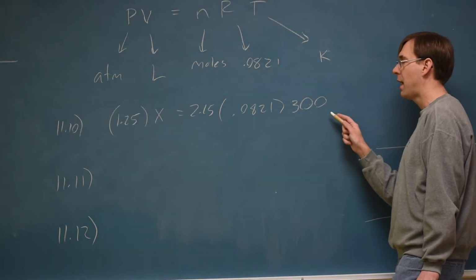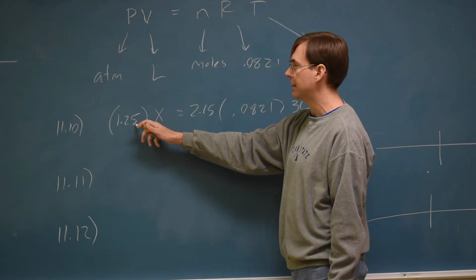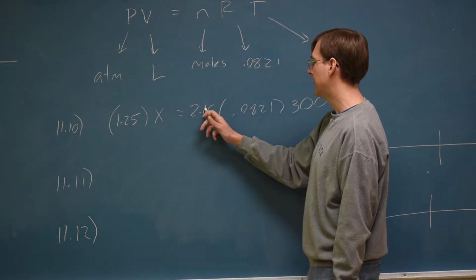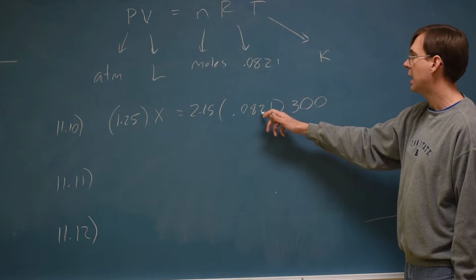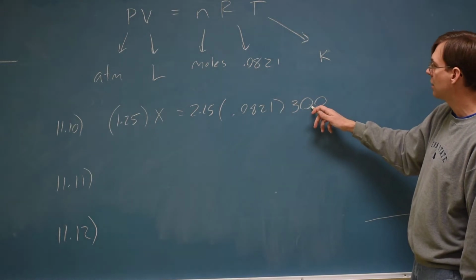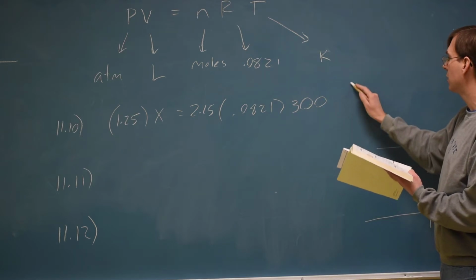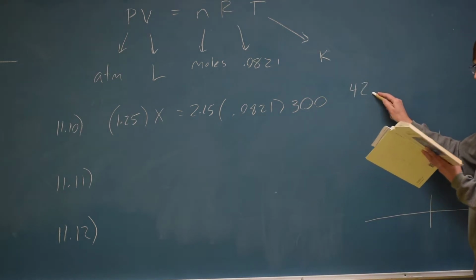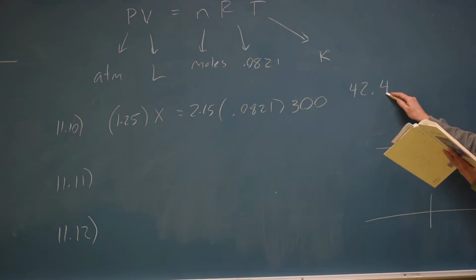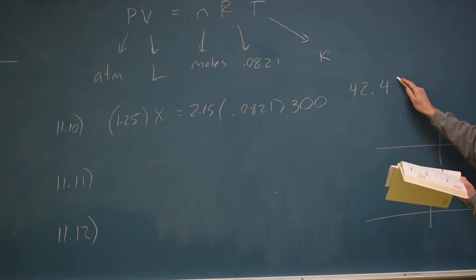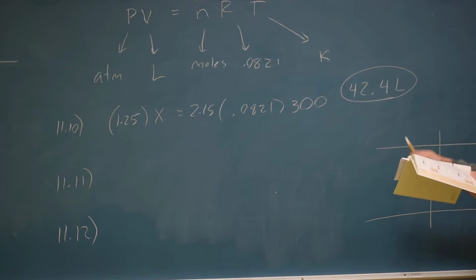And then the divide by button once to get this divided. Algebra 1, doing the opposites, all that stuff. So this times the 2 times the .0 thing times the 300, divide by 1.25. Calculator screen should show 42 point, and then something that rounds to 4. And we would want to be doing the volume, so that is all about liters.